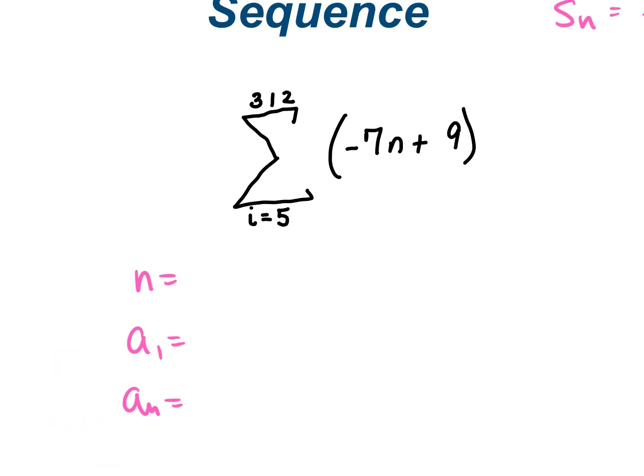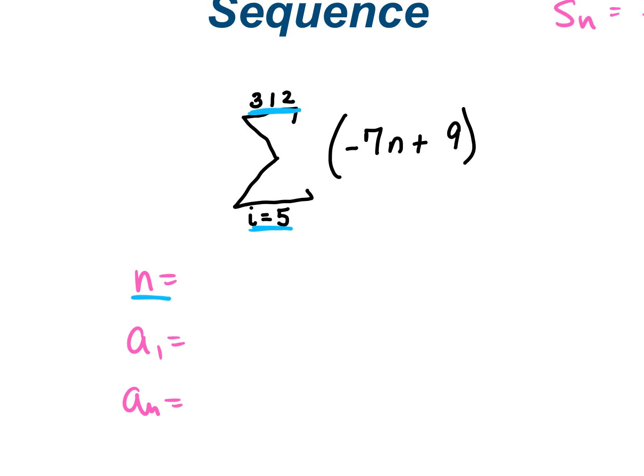Now to find our number of terms, here we're starting with 5 and ending with 312. So we're plugging in 5, that would be our first term. We plug in 6, 7, 8, all the way up to 312.